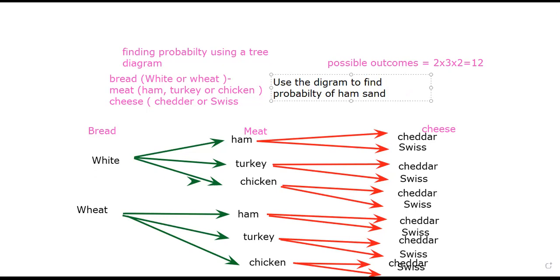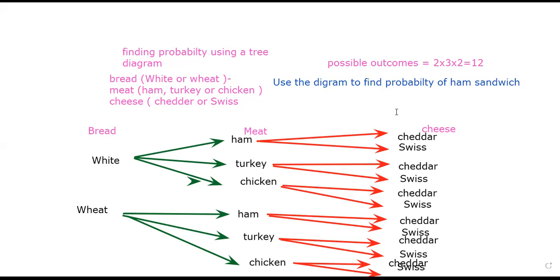Grade 7, how many times can you choose ham? 2 out of 12? Agree?